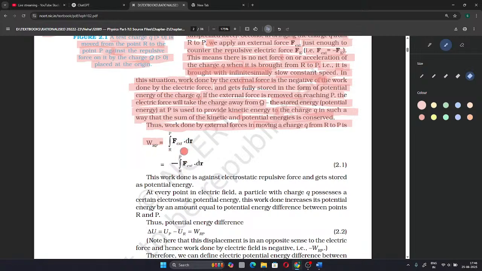The basic formula is F times dr, where F external is the force we applied to move the test charge, and dr is the distance we moved, which is equal to the negative of the integral of F electric. Yes, because this work done is against the electrostatic repulsive force and gets stored as potential energy, that is why it is negative.